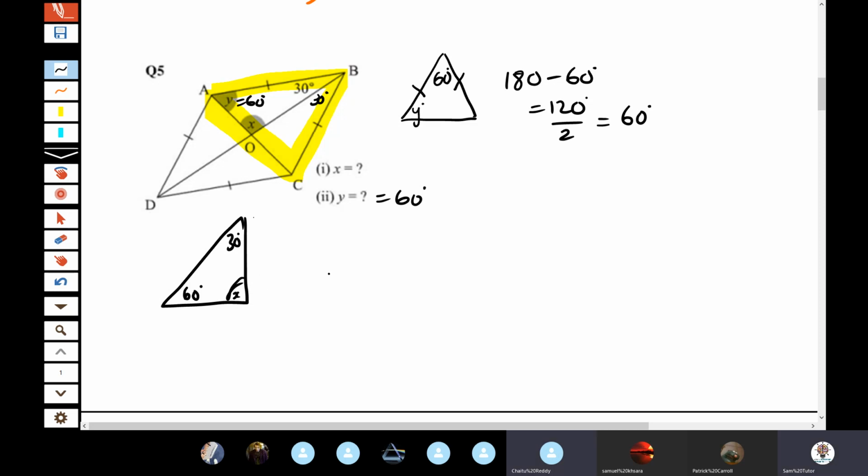What would you do? Do you take away, do you do 180 minus 30? 180 minus 30 only? That gives you 150. So you're going to say x is 150? I don't think that's right. Take away 60. What happened to your other angle? Equals 90 degrees.